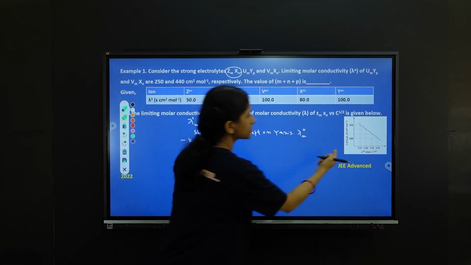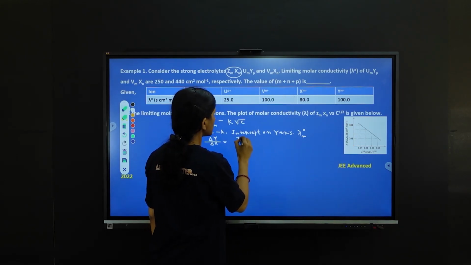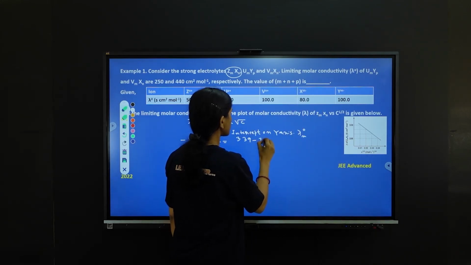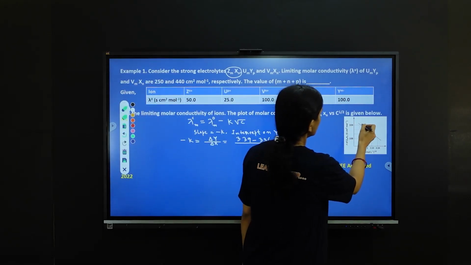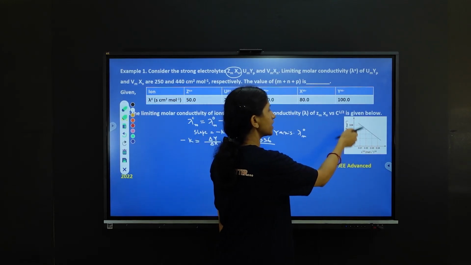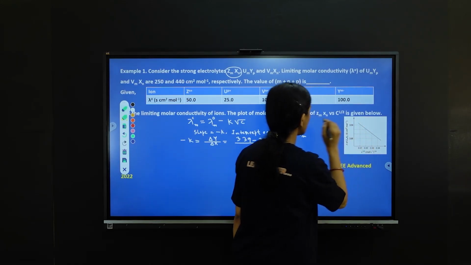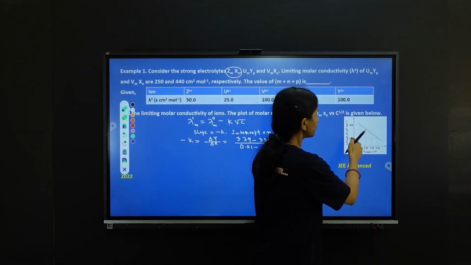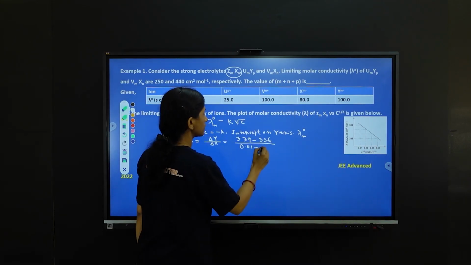Now from the plot you can see that delta y is nothing but 339 minus 336, divided by delta x, the corresponding root C values for 339 and 336. So the root C value for 339 is 0.01 and the root C value for 336 is 0.04.